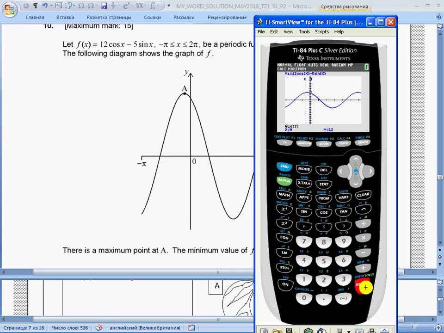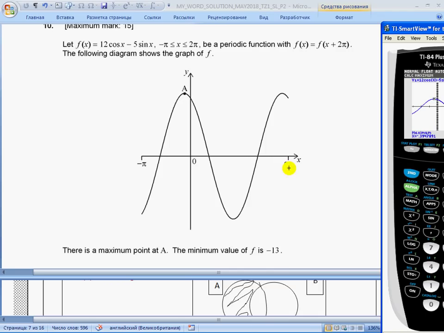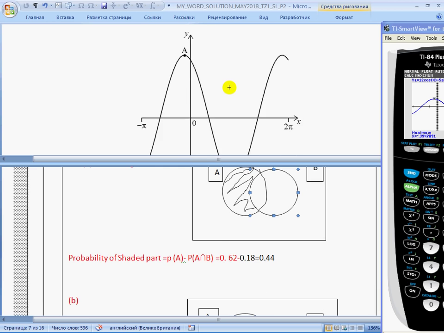Press several times, and finally we have this maximum. So at this maximum we have value of 13, and x is minus 0.3945. Right, very good.